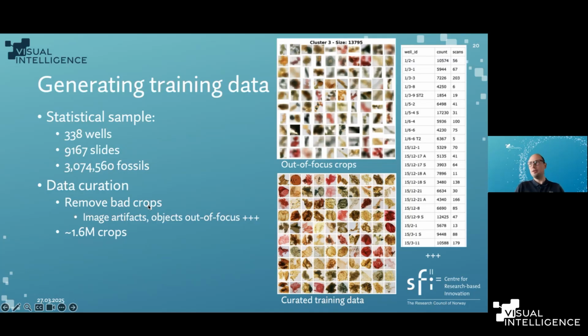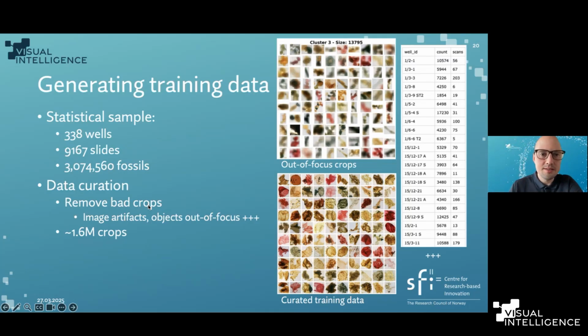It's pre-trained with DINO on the ImageNet dataset, to generate embeddings, and then use k-means clustering to cluster the data, and then manually, by visual analysis, taking out clusters of really bad crops, as you can see in the top figure here.